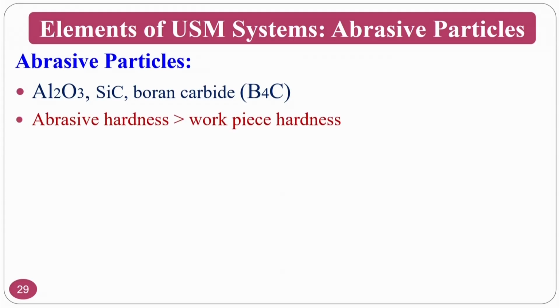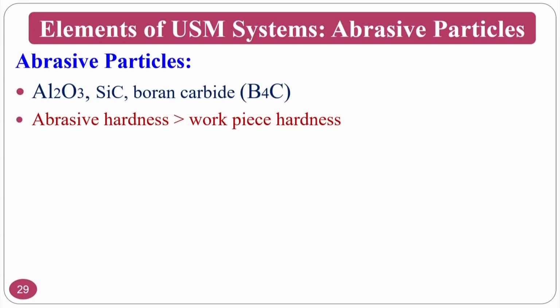As you know, in conventional machining and other things you might have come across that your tool material should be much harder than the workpiece material. The same holds good for ultrasonic machining also, because ultrasonic machining is one of the mechanical type of advanced machining processes.